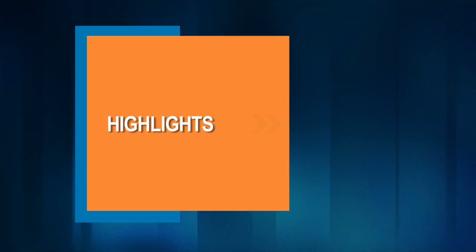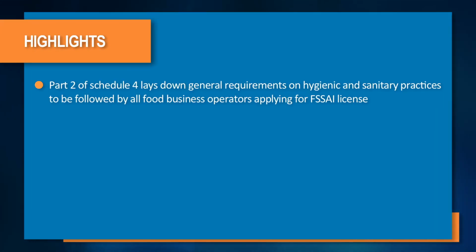Thus, the main highlights of this video are: Part 2 of Schedule 4 lays down general requirements on hygienic and sanitary practices to be followed by all food business operators applying for FSSAI license.